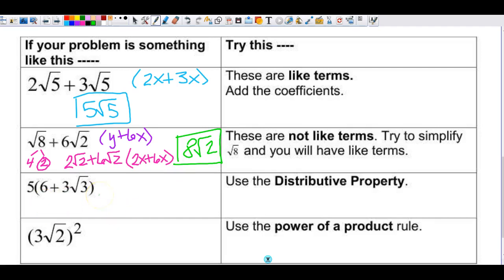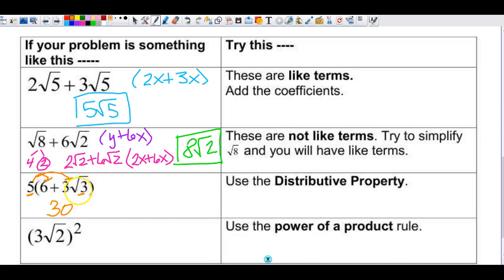Distributive property. Well, that's just like it sounds. You don't do this any different. Remember, your rules don't change. It looks weird. This could be monkey plus elephant. You distribute the 5 to both of them. It doesn't matter what it is. You need to draw your little arrows, right? So 5 times 6 gives me 30. And then 5 times 3 square root of 3, remember, he does not associate with what's underneath.